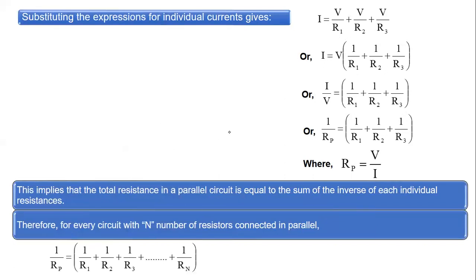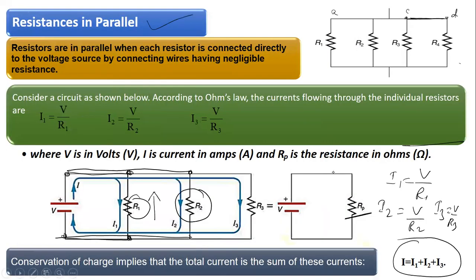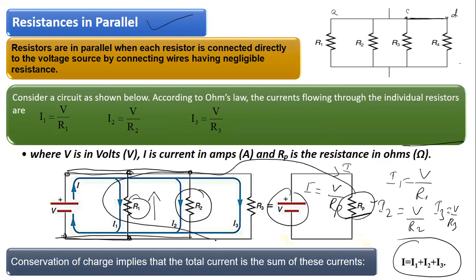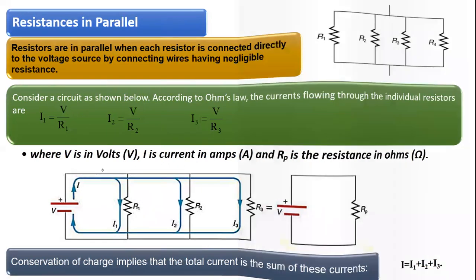If you go back to this particular circuit here, if I is the current flowing in this circuit, what will be the value of I? I is equal to the applied voltage V divided by the resistance Rp. Now what is Rp here? Rp is not the sum, but basically the combination of these three resistances, right?